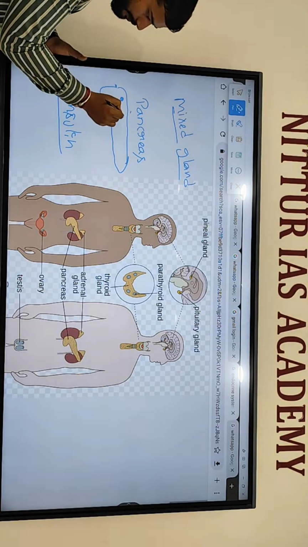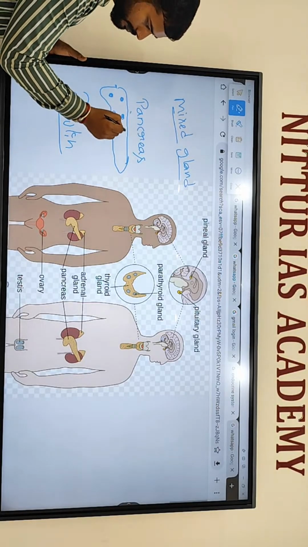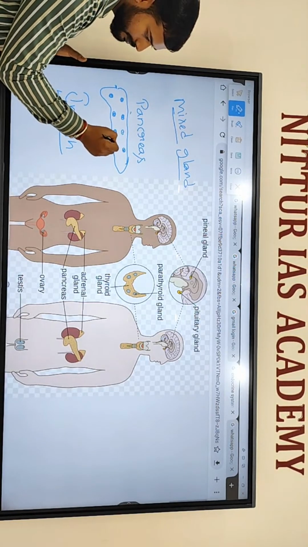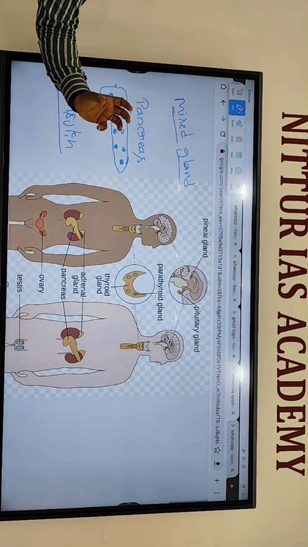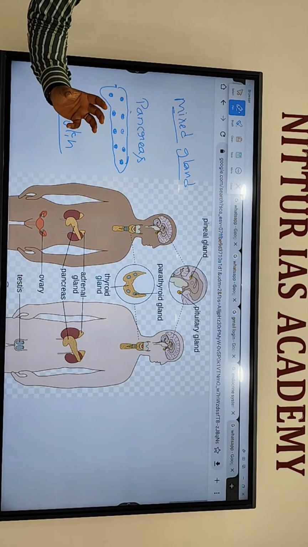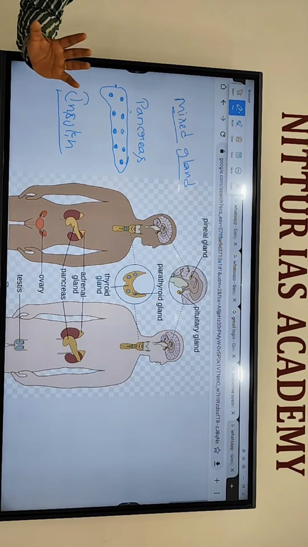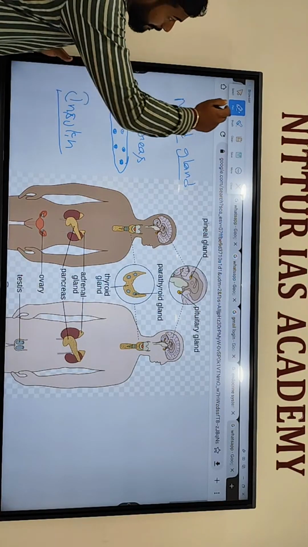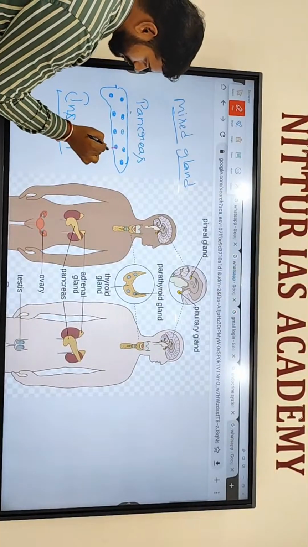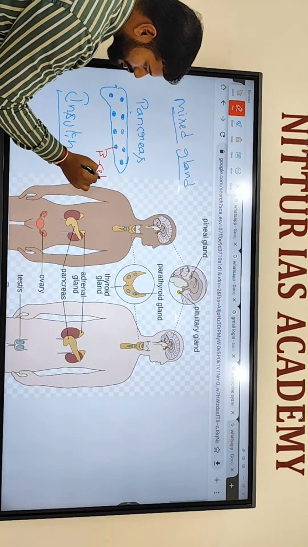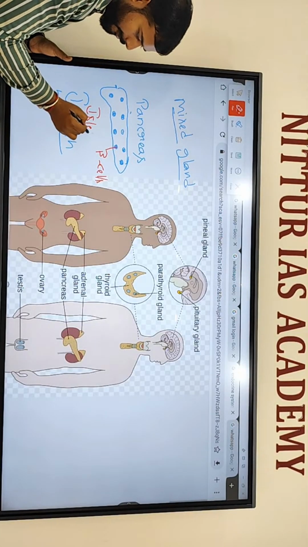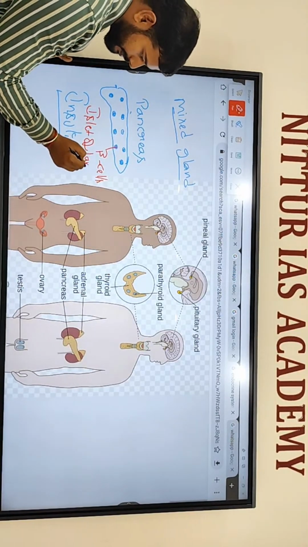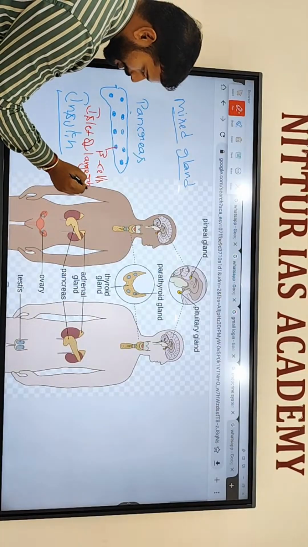The pancreas has many island-like structures called beta cells, or islets of Langerhans.